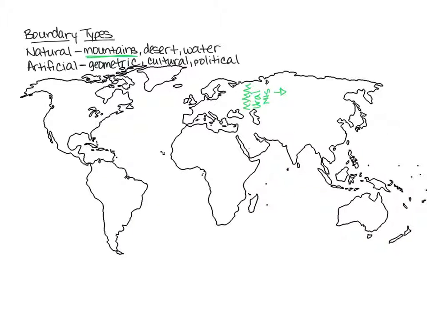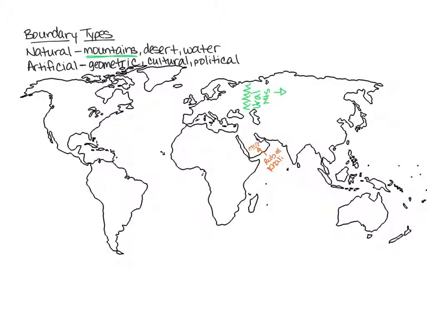I'm just going to put some dots at the bottom of Saudi Arabia there. That is the Rub al Khali, R-U-B, A-L, K-H-A-L-I.